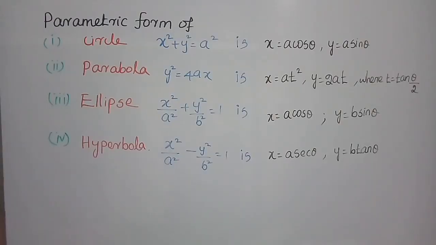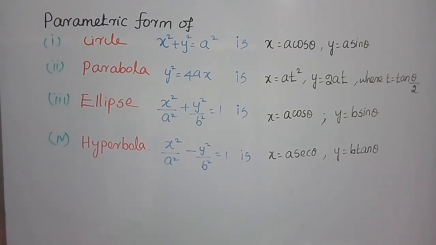Here you can see the parametric form of circle, parabola, ellipse and hyperbola. In blue color I have written the Cartesian form. For the circle, the Cartesian form is x square plus y square is equal to a square, and its parametric form is x is equal to a cos theta, y is equal to a sin theta.